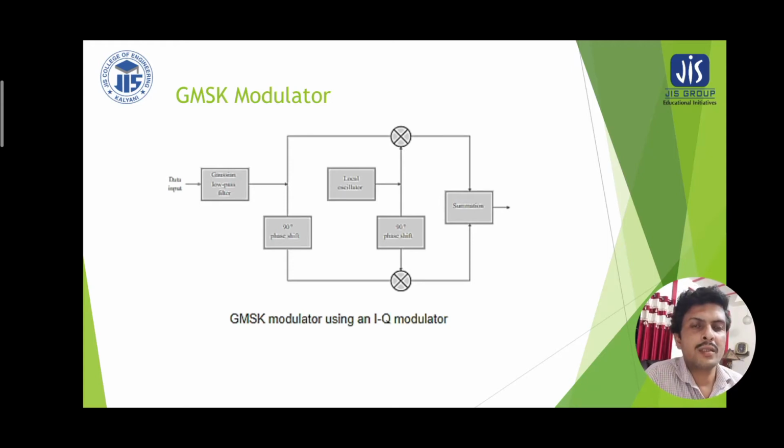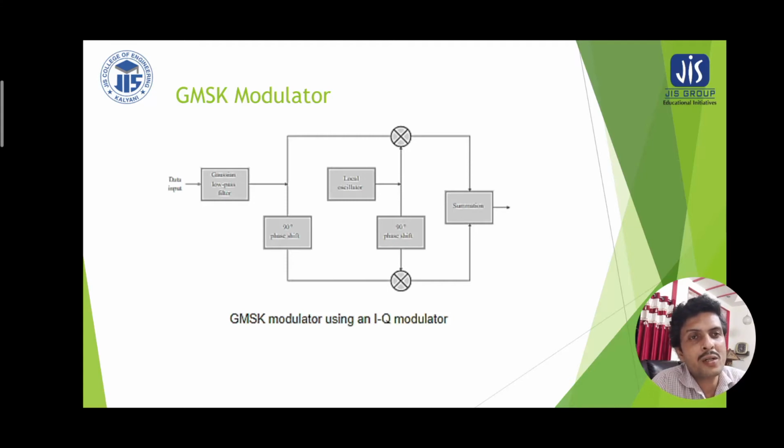Here the smooth data is flowing through two paths. At the top path there is no 90-degree phase shift, but at the bottom path there is a 90-degree phase shift. That is why these two paths are called the in-phase and quadrature channels, because both are orthogonal to each other. This is because the carrier signals fed to the multipliers are also orthogonal in nature.